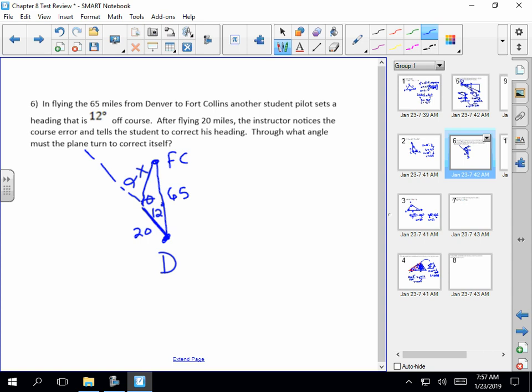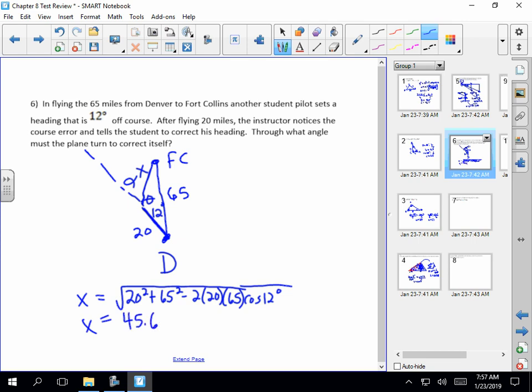So law of cosines would tell us that x is equal to the square root of 20 squared plus 65 squared minus 2 times 20 times 65 cosine of 12 degrees. That gives us a value x of about 45.6 miles. So 45.6 miles away from Fort Collins. So change this right here to 45.6.